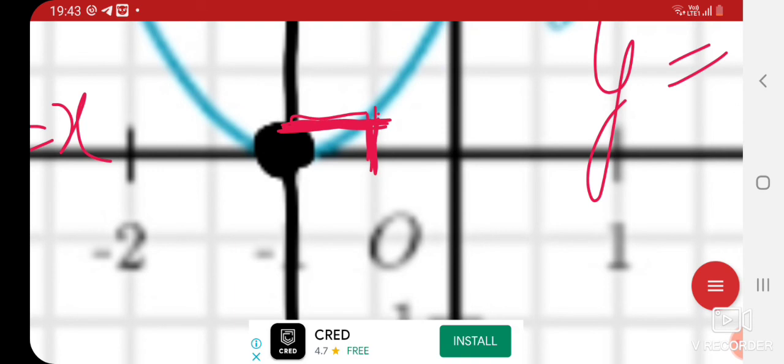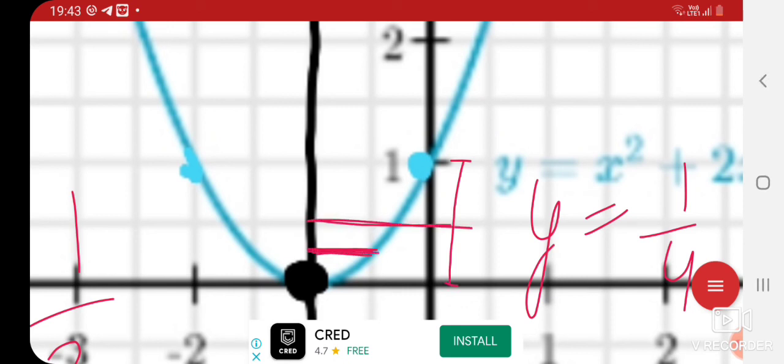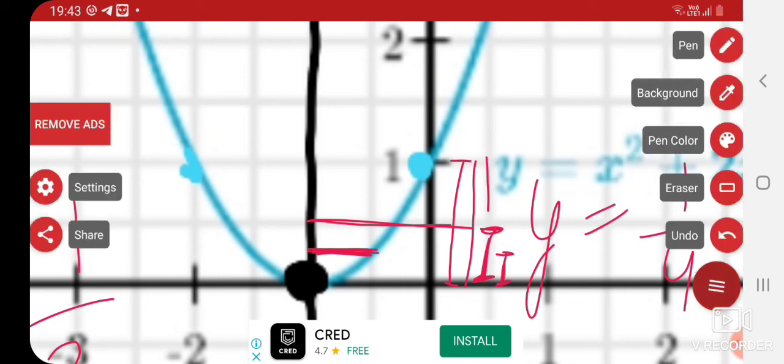We know that this whole is our 1, that means this will be our half and the value of y will be located somewhere here. This whole is 1, this distance is half and this will be 1/4, right?